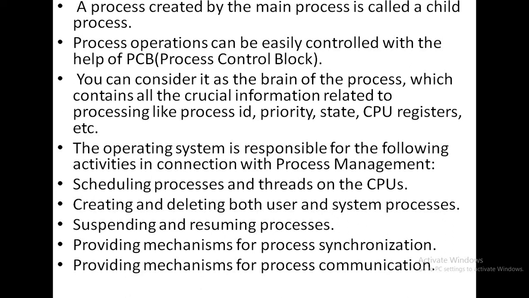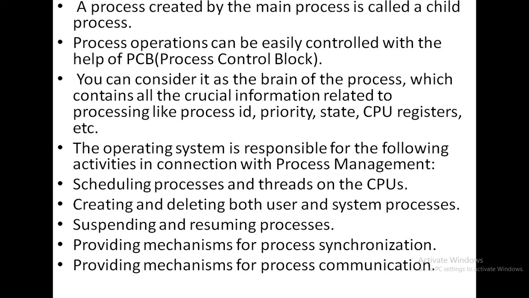So next, the operating system is responsible for the following activities in connection with process management. That means when processes are going to execute, they have more than one function within them. To control the processes, the operating system inside the computer system is responsible for process management. Okay. So here are some of the functions.